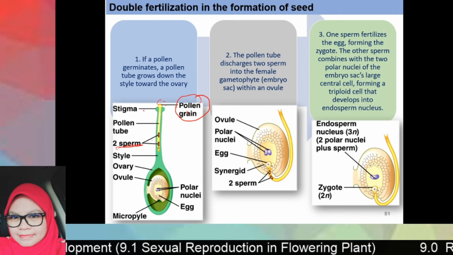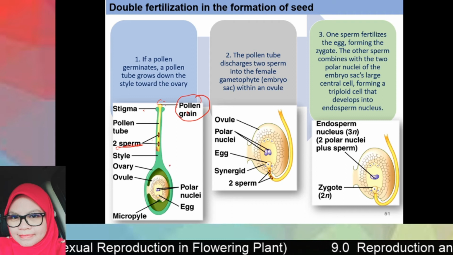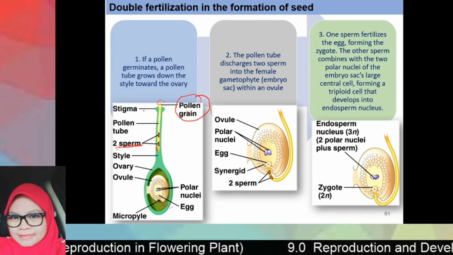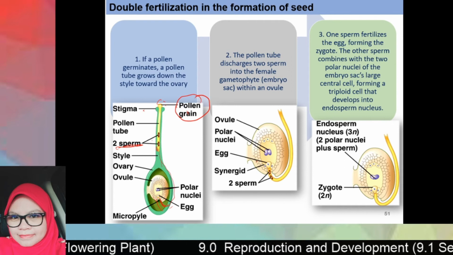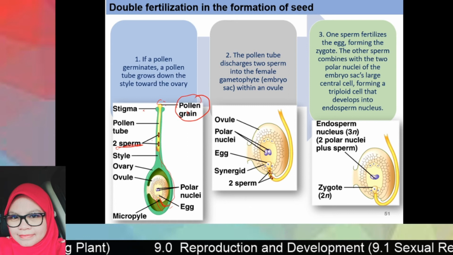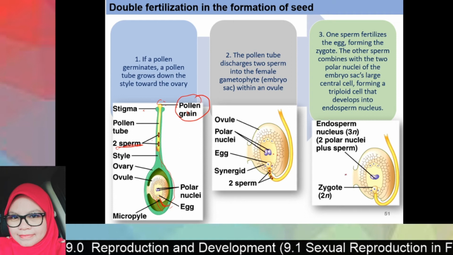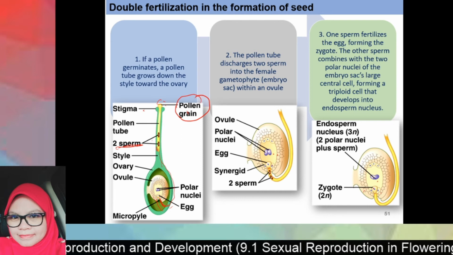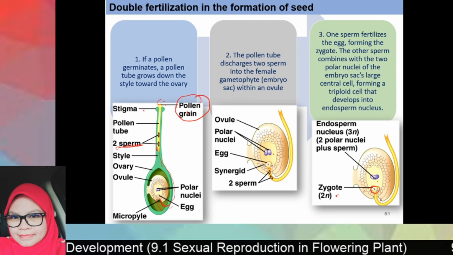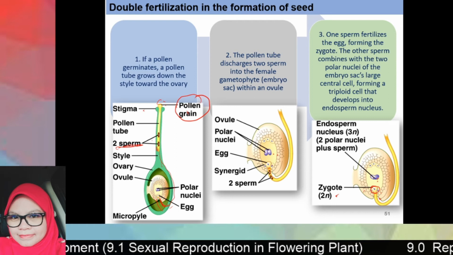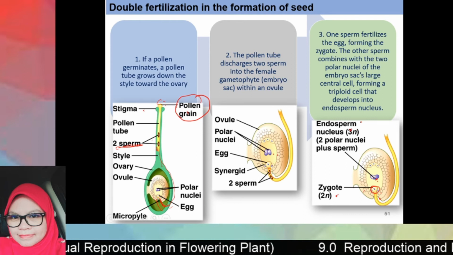Then the pollen tube grows down the style towards the micropyle. At the micropyle, the two sperm will be discharged. Double fertilization occurs when the first sperm fertilizes the egg cell to form a diploid zygote. Then the second sperm fertilizes two polar nuclei to form triploid endosperm.